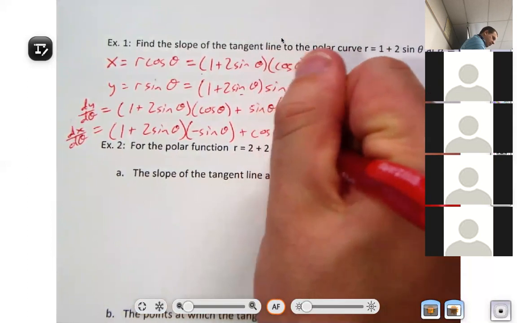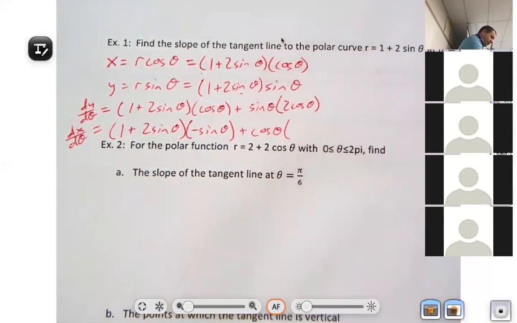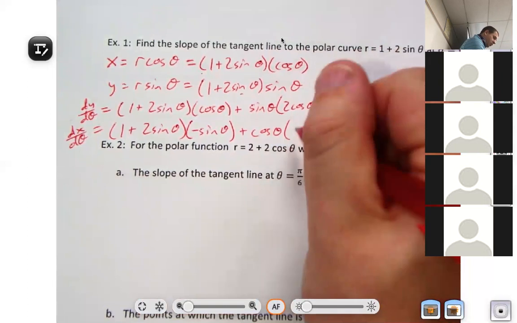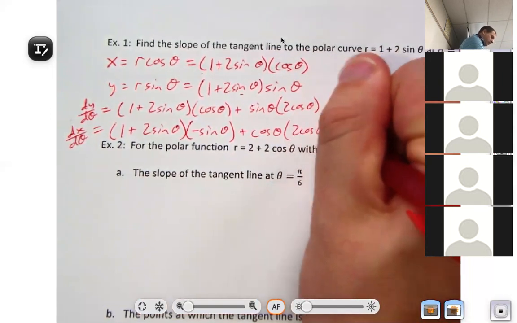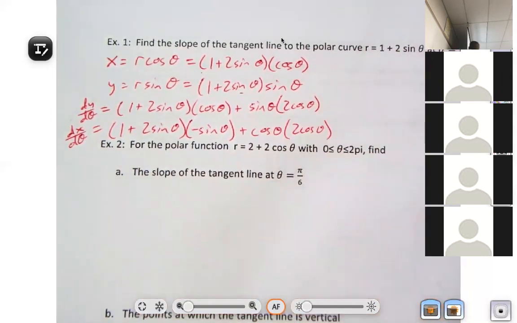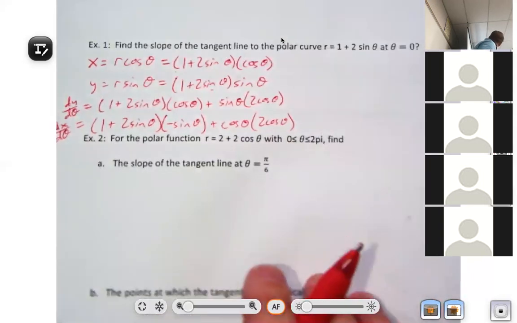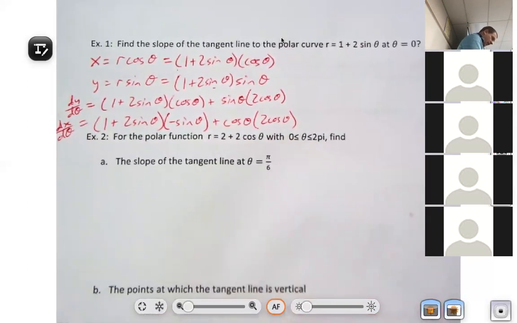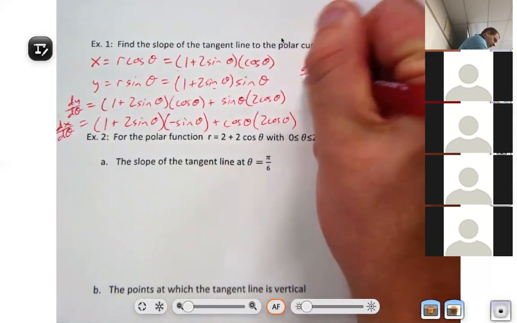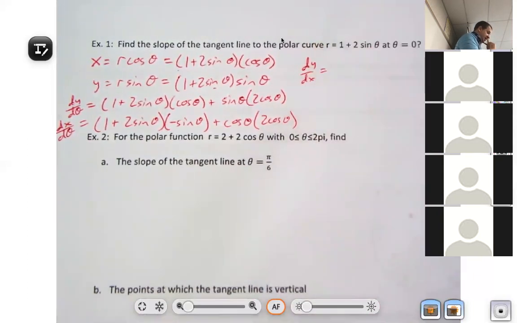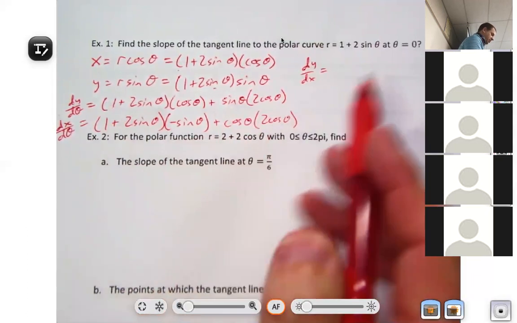Plus the second times the derivative of the first, which is, again, 2 cosine. I'll give you a minute to get there. So dy dx in general is just dy d theta over dx d theta. So I'm just going to write this again.